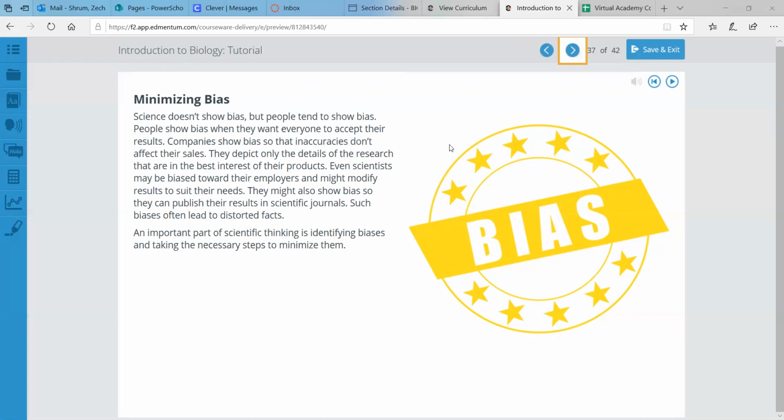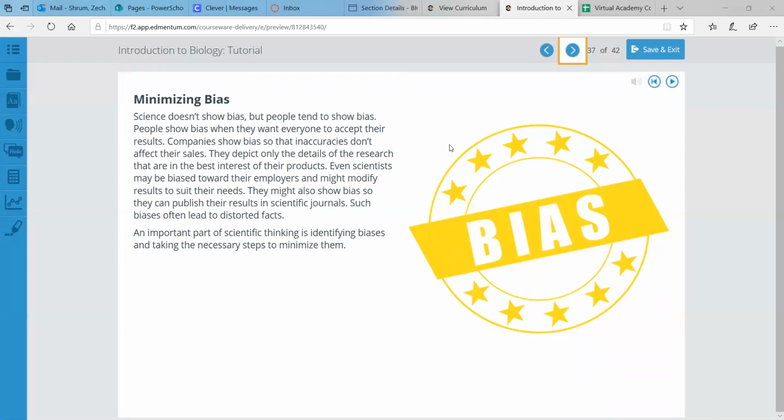So it would be less biased for someone else to do an experiment about the company product that has nothing to do with the company, right? Because if a company is giving you money to do an experiment, chances are you're going to make some adjustments to the experiment to make it look better for them.